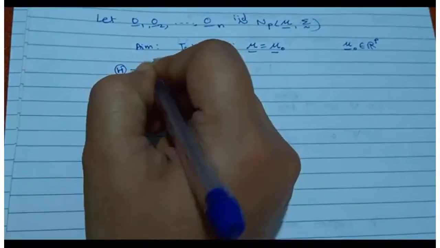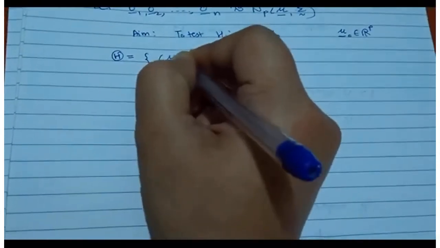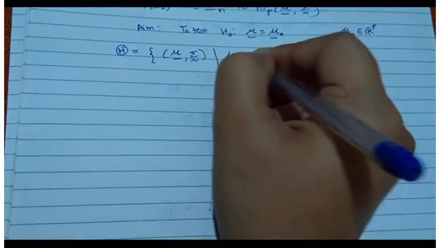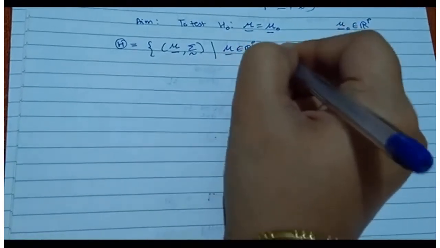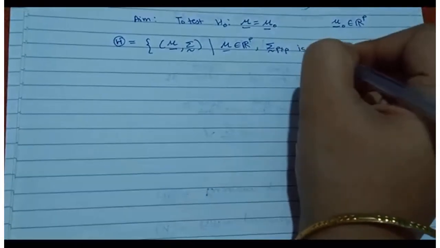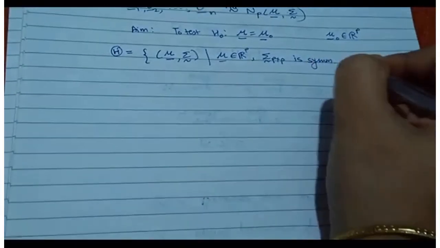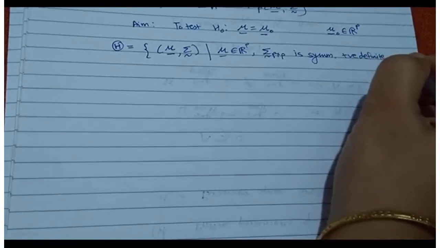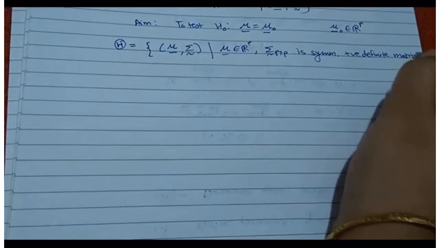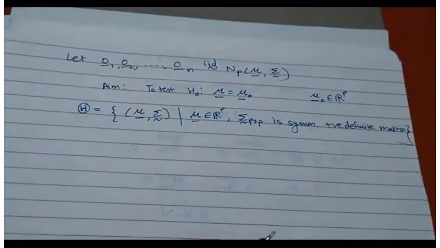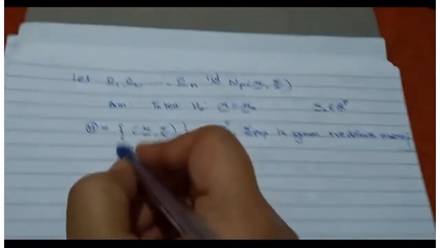Just to make things clearer, let us first write down what script theta is. Script theta is the collection of all mu and sigma such that mu is in Rp and sigma, P cross P, is a symmetric positive definite matrix.